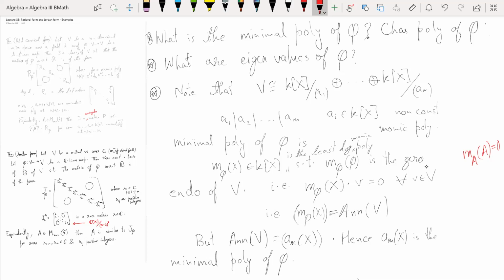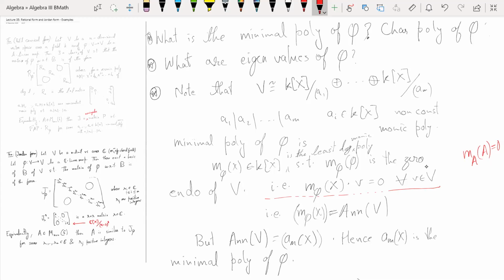Saying that this is the zero endomorphism of V is the same as saying that m_phi(x) · v is zero for all v in V, because that's how x acts on this vector space. It's by evaluating phi: x · v is phi(v). So m_phi is the zero endomorphism means m_phi(x) · v is zero for all v in V. Does that make sense, guys? This step?